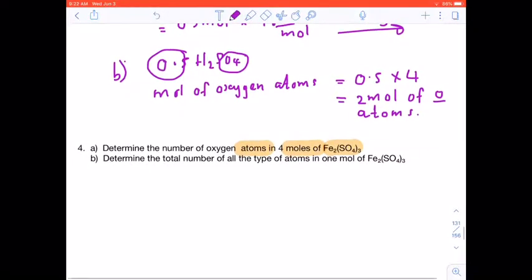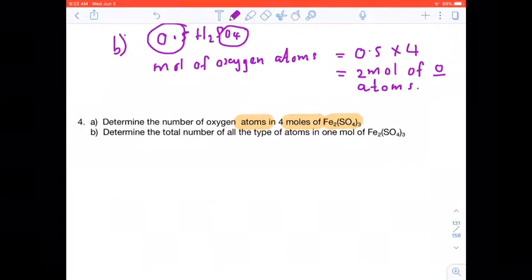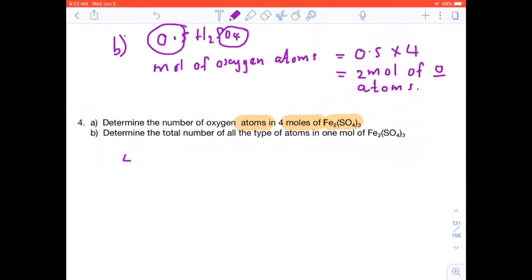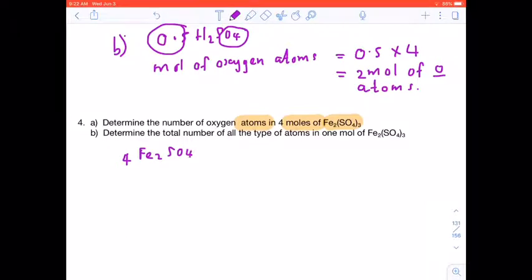If we look at this here now, and we say, okay, 4 moles of Fe2(SO4)3. Right. How many moles of oxygen does it have?